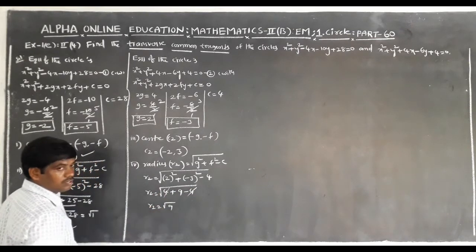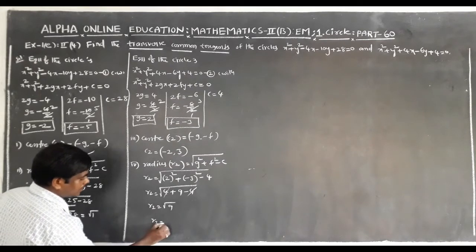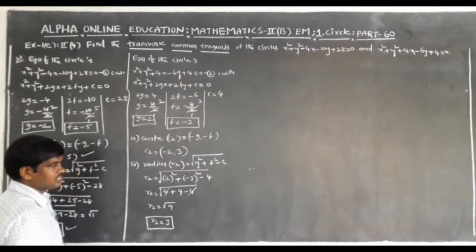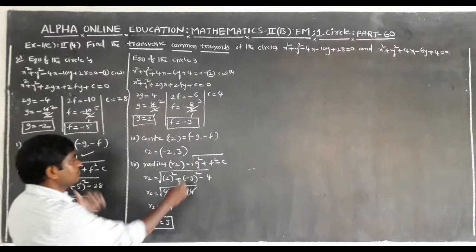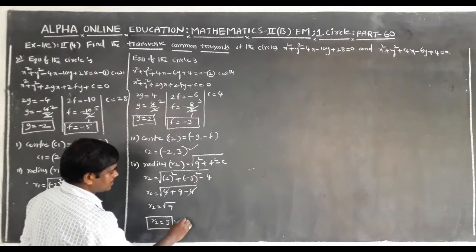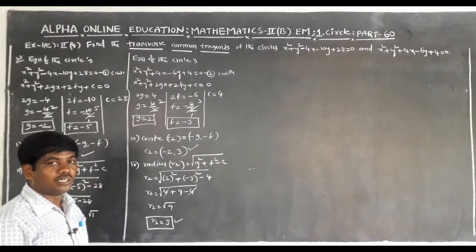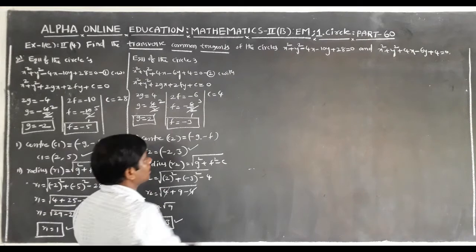R2 is equal to root 9, which means 3. This is the center and this is the radius of the given second circle.